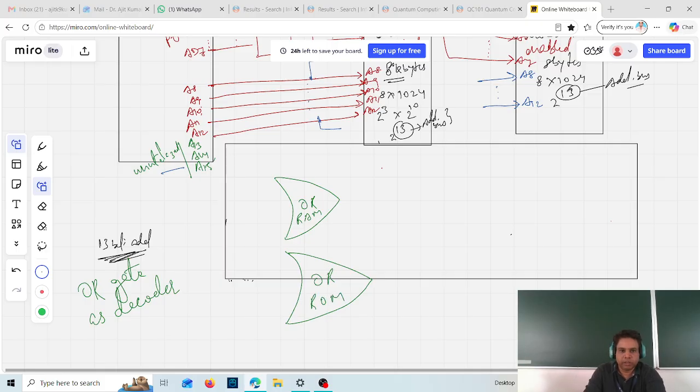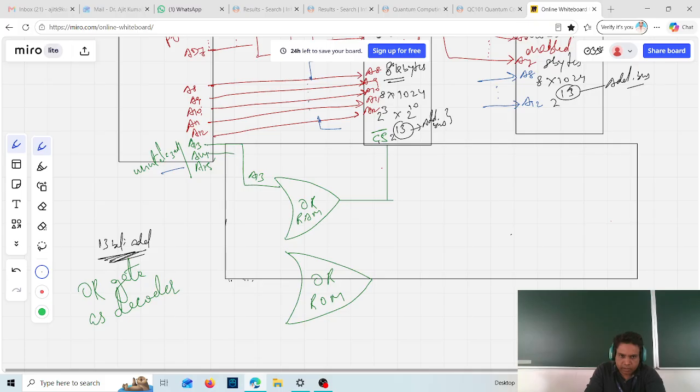Connect the input. Now, you know that the output of this is going to be connected as input for the CS, so I'll write here CS. So what I'll do is this A13, connect the A13 here.